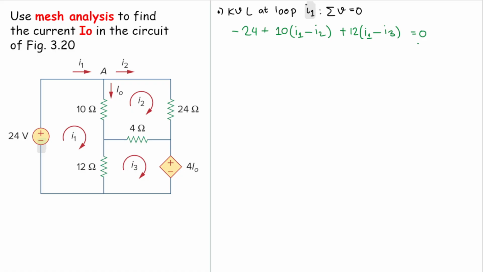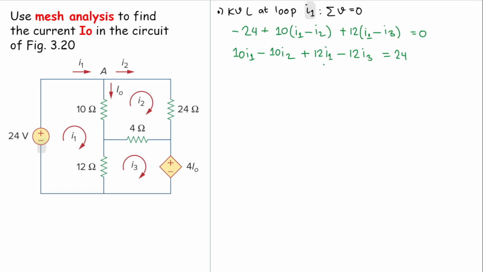Okay. Now let's do some simple arithmetic here. So we'll have 10 I1 minus 10 I2. And then we will have plus 12 I1, then minus 12 I3. And then let's move this 24 to the right hand side. So I have 24.